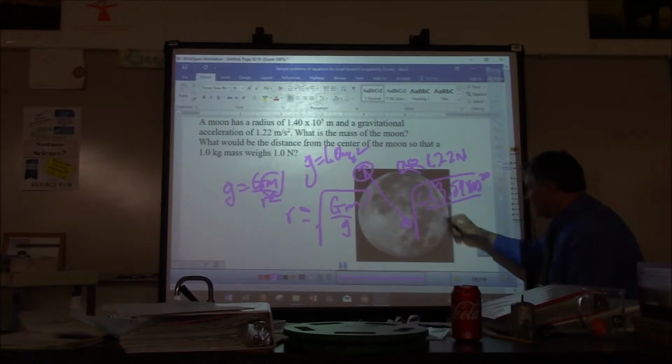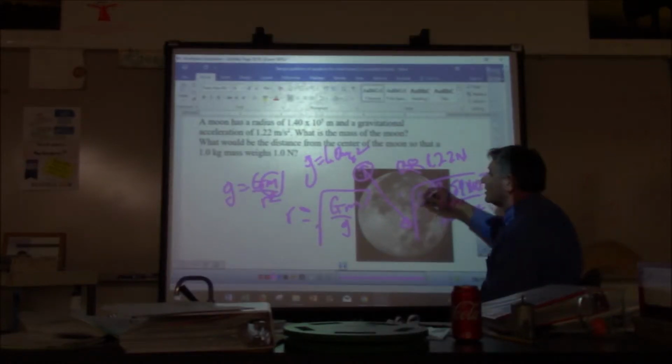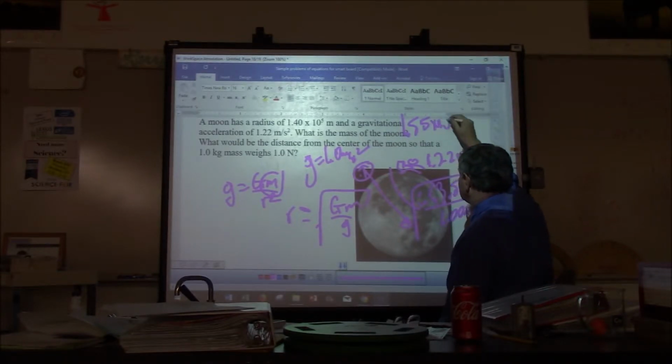And then I'm going to divide that by 1 meter per second squared. So what do you get? 1.55 times 10 to the 5th meters.